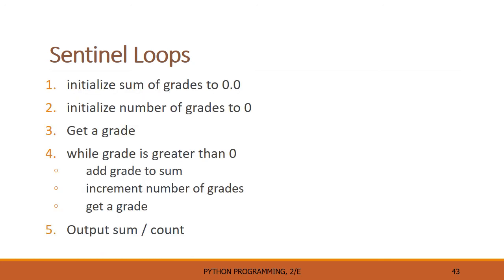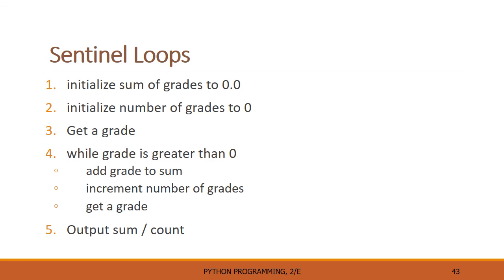We can modify our calculate average grades program using a sentinel loop. We can do this because we can assume that grades cannot be negative. So we can initialize the sum to 0, we can initialize the number of grades to 0, and then we can ask the user for a grade.